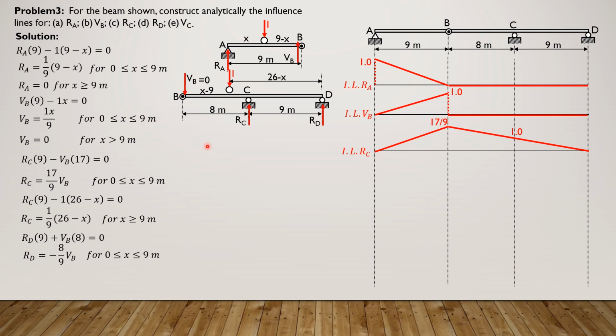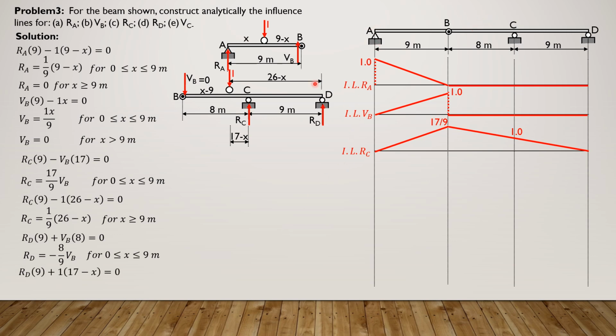Then when x is greater than 9, the unit load is here, and remember V sub B is now 0. So summation moment about C equals 0. By the way, the distance of the unit load from C is 17 minus x, because this is 17 then minus x.